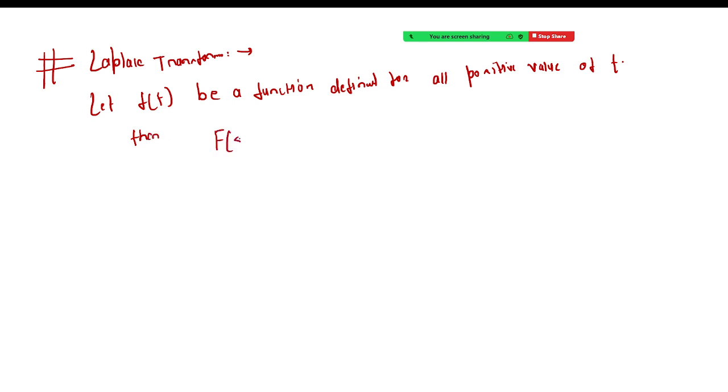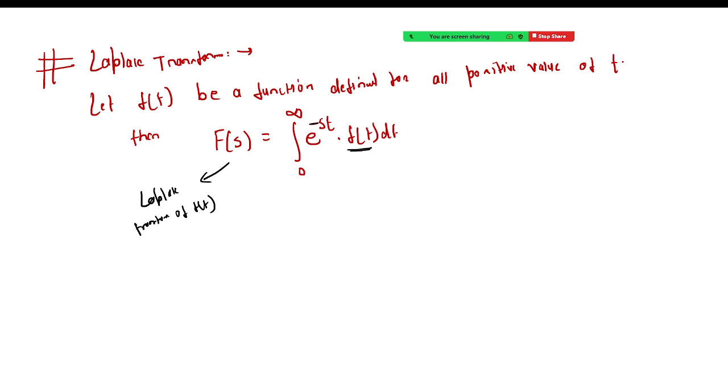Then your capital F(s) is equal to the integral from 0 to infinity of e to the power minus st into f(t) dt. This F(s) is called the Laplace transform. So you will be given f(t) and you have to calculate the Laplace of f(t). So you have to apply this formula, right? This formula is very important.